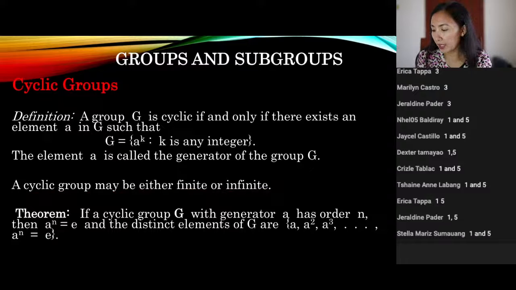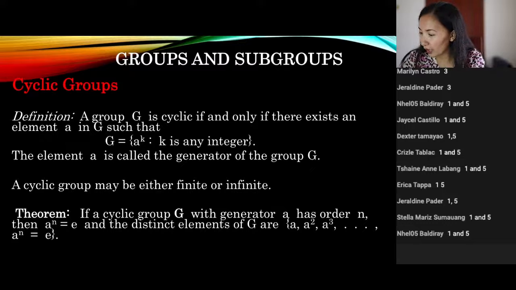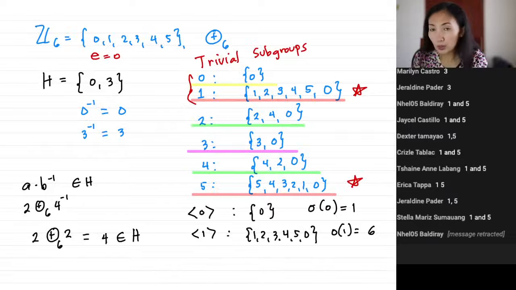Theorem: if a cyclic group G with generator A has order n, then A to the n is equal to E. Tama kaya yun? Tingnan natin, A to the n. Finite group ito, yung ating Z sub 6 kanina. Balik-balikan lang natin si Z sub 6 kasi simple lang naman siya. Okay? A to the n is the identity element.